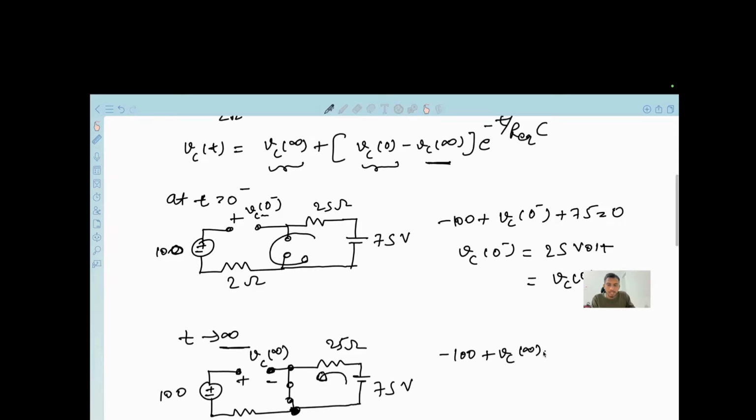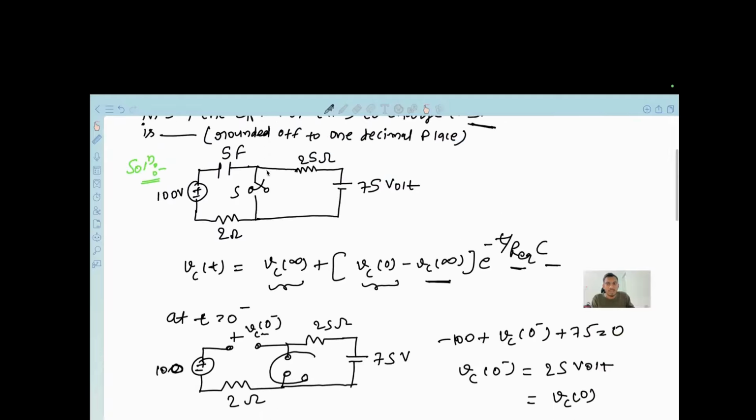Vc infinity, and the voltage drop across this 2 ohm resistor is 0 volt, so Vc infinity is 100 volt. Now I have Vc0 and Vc infinity. Now I need to calculate R equivalent. What is the value of C? It is given in the question: it is 5 farad.